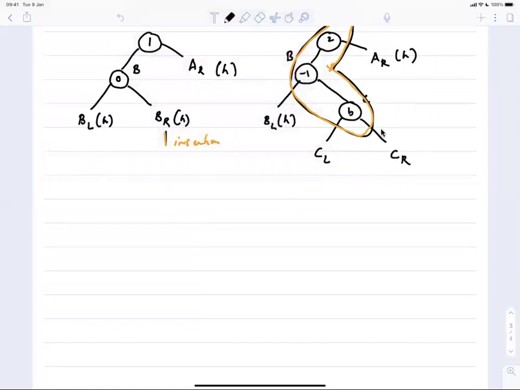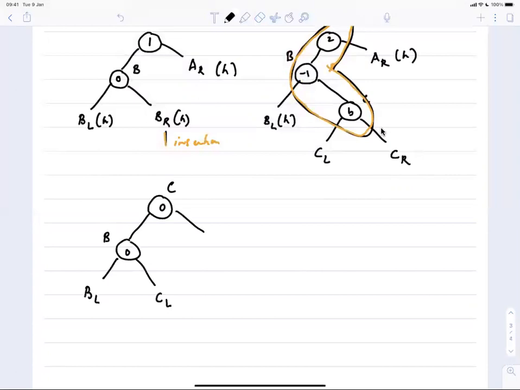Then what we'll do, we'll make C the root here, and B will become, sorry, this will be C, balance factor 0. This will be B, you can have BL and CL. This should also have a balance factor of -1, therefore it becomes 0 here.